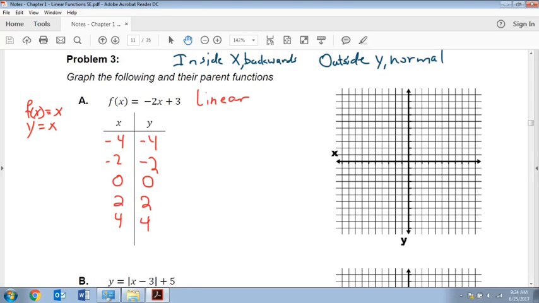So let's go graph that real quick. We've got the points -4, -4, -2, -2, 0, 0, 2, 2, 4, 4.